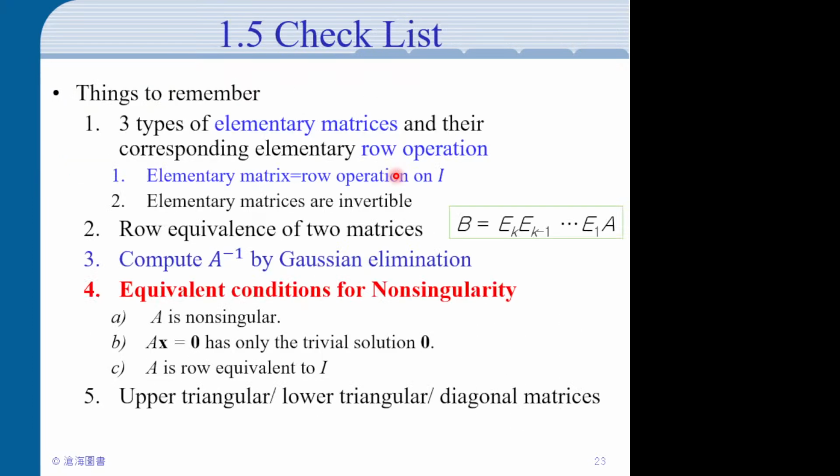Let's keep talking here about row equivalence of two matrices. That's similar to the concept of equivalence of systems. Row equivalence means that you can find a whole bunch of elementary matrices to connect one matrix with another matrix. So you can do row operations on one matrix to get the other matrix.